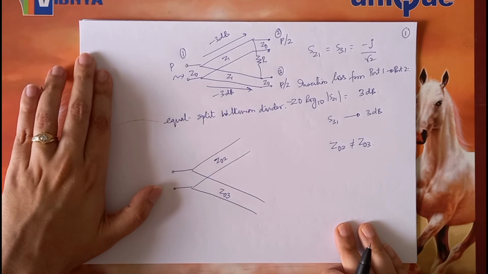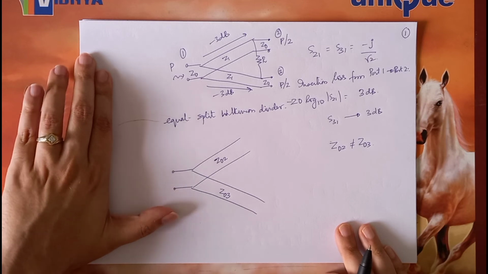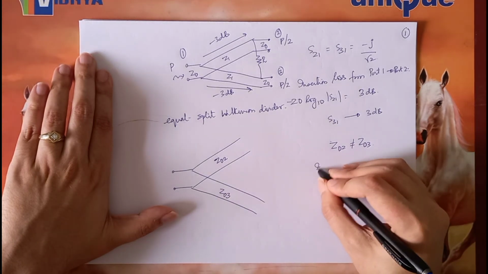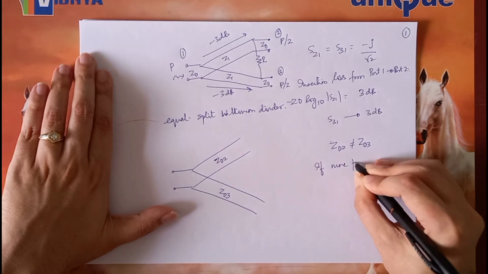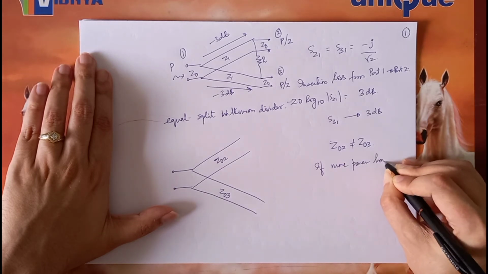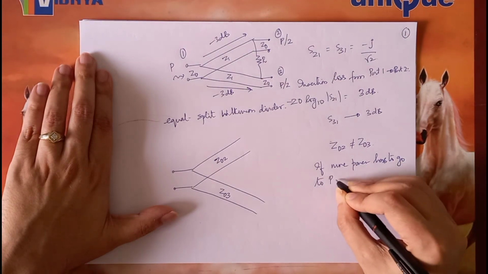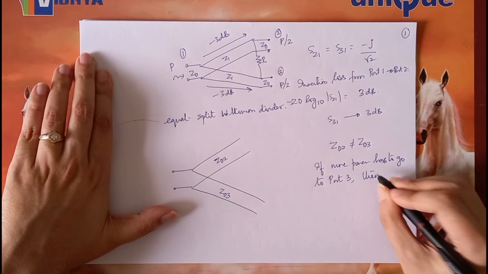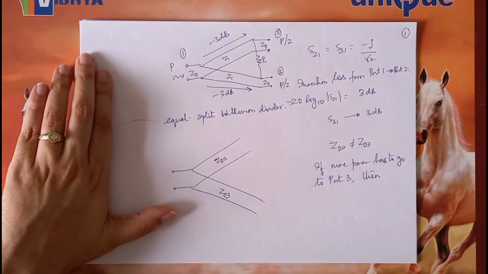So if I want to send more power to port 3 and less power to port 2, then I can immediately say that if more power has to go to port 3, then the characteristic impedance of this line must be lower.